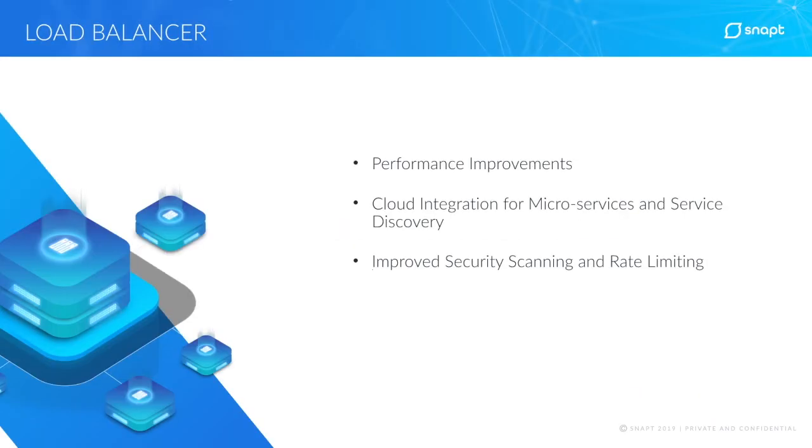On the balancer, we are going to be adding multi-threading support, small object caching, and there's a handful of other small enhancements that add up to quite a sizable throughput and performance improvement that you'll notice on your ADC through the year.